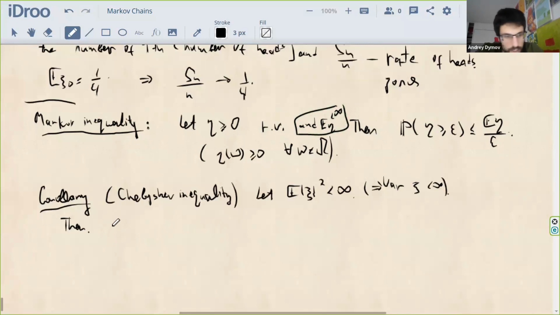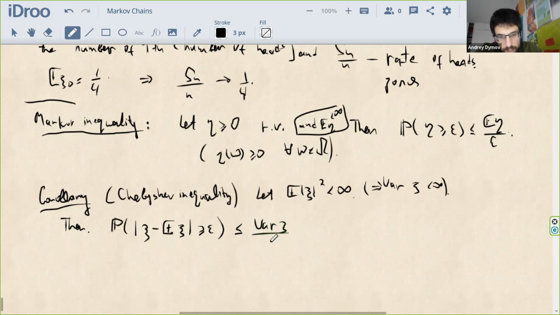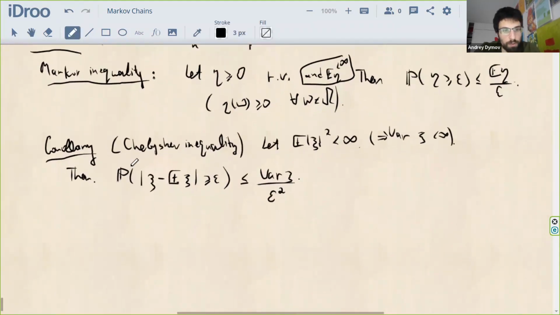In the Chebyshev inequality, I have the following relation: the probability that psi deviates from its mean by more than epsilon is bounded by the variance of psi divided by epsilon squared. Again, you should think about epsilon as a large number, not as a small number.